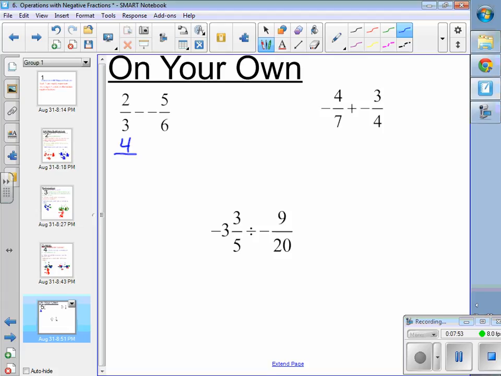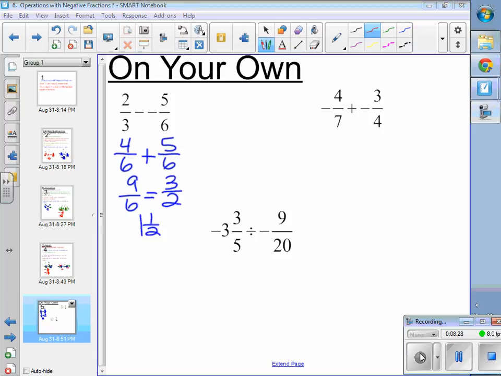So we've got 4/6 plus 5/6. And we get 9/6. We always simplify. Both of these can go to thirds, so 9/6 equals 3/2, which you can leave that way, or it becomes 1 and 1/2.